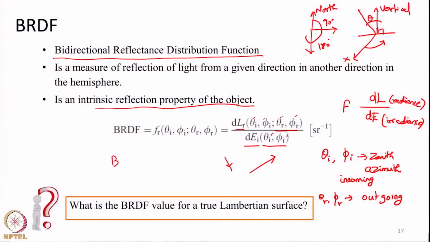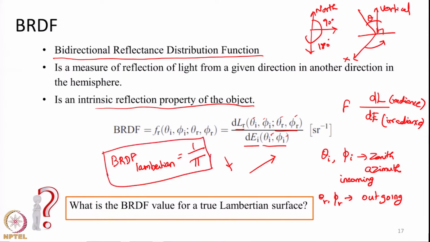The answer for the question I asked is the BRDF of a truly Lambertian surface will be 1 by pi. For a Lambertian surface, it is not actually a function, it is a constant, that is 1 by pi. Why?